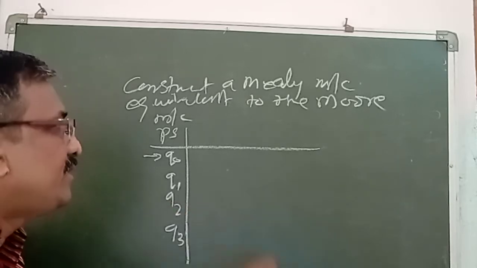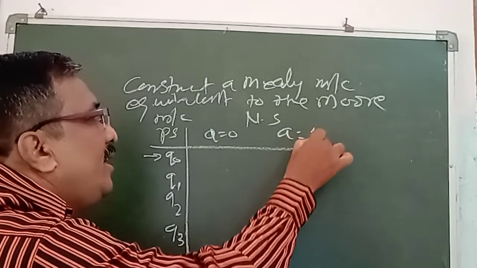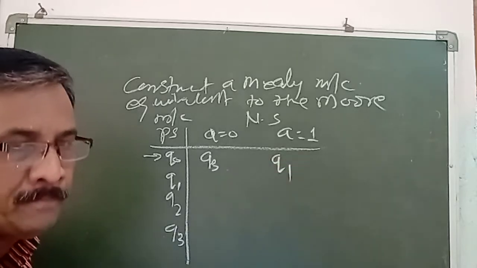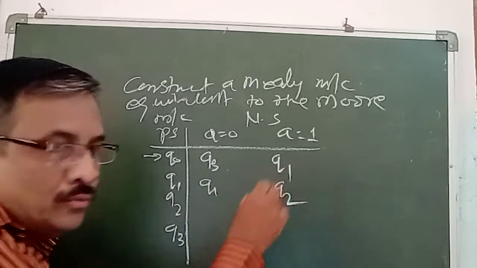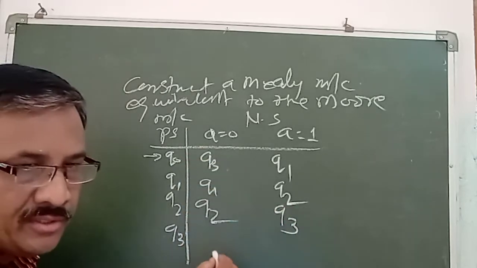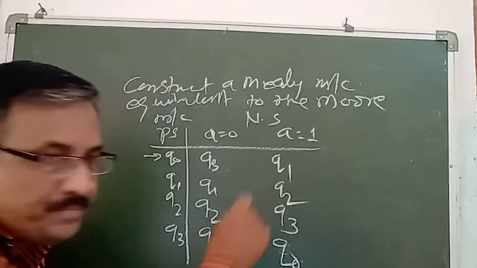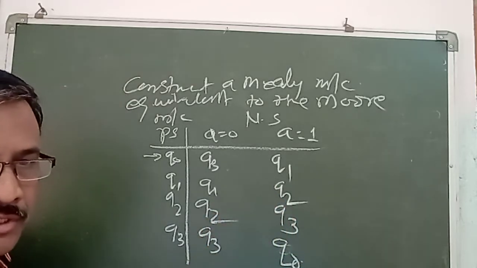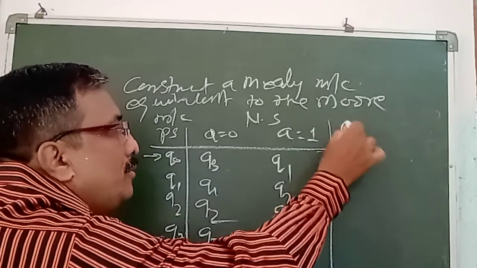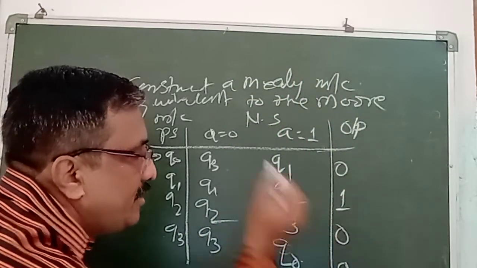The next state transition for input A equals 0 and input A equal 1 are Q3, Q1, Q1, Q2, Q2, Q3 and last Q3, Q0, sorry. 3 1 1 2 2 3 3 0 and output are 0 1 0 and 0.